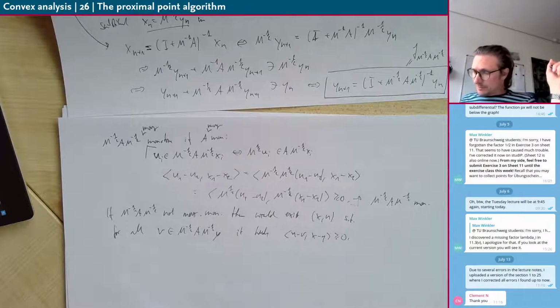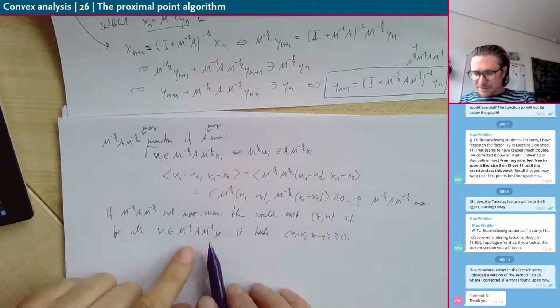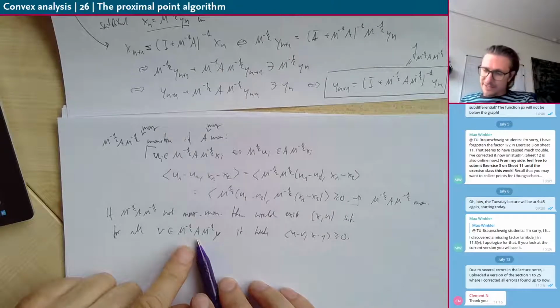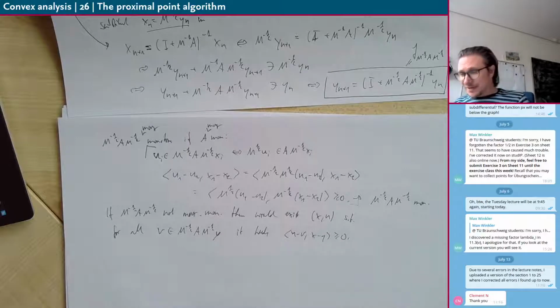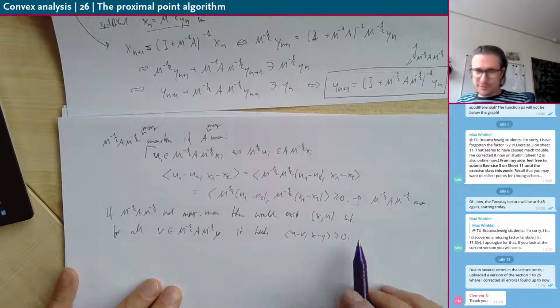It's in the lecture notes, and I'm probably not going to show it right here, but you can see this by maximality of A. Maximality of A guarantees you the existence of something else, and then you can just rescale it with M to the minus 1/2, M to the 1/2, and then you end up there.